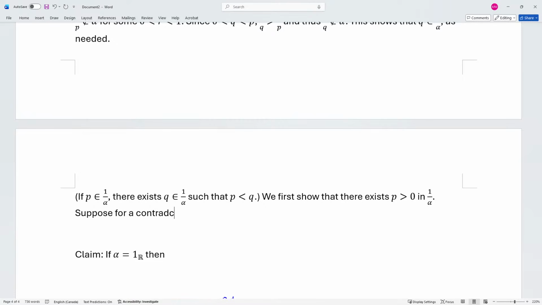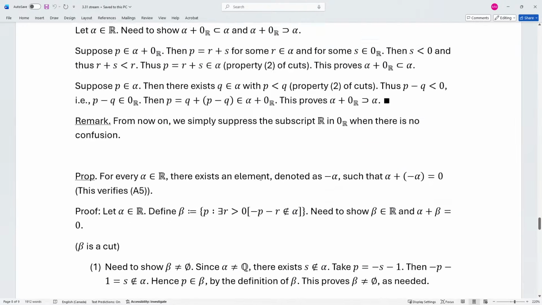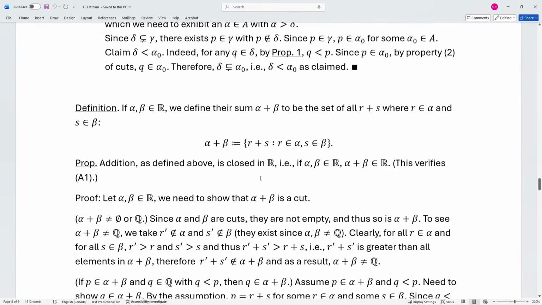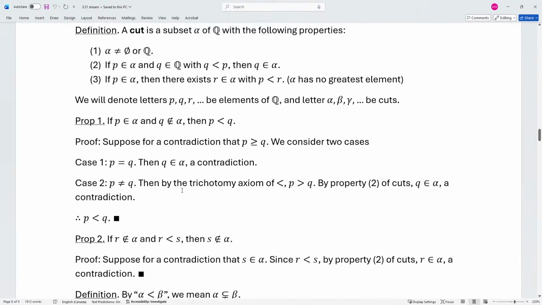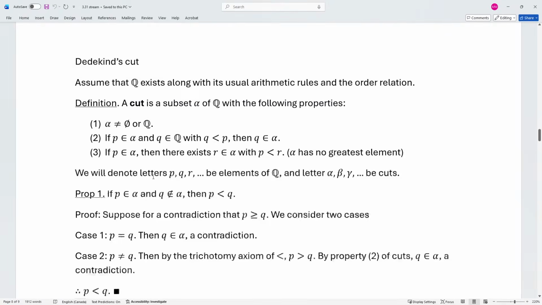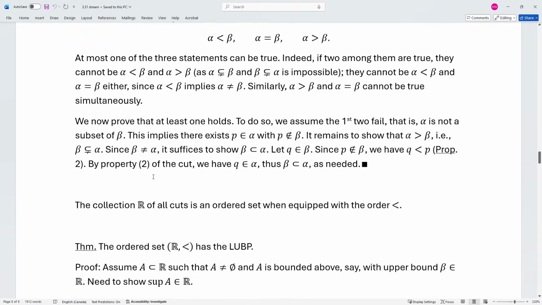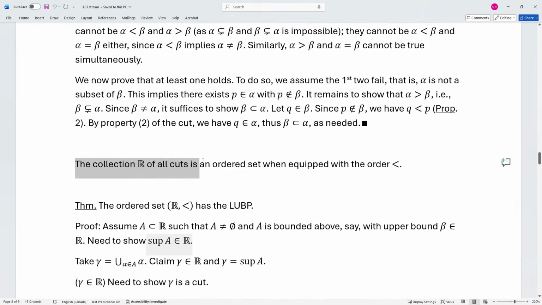If the set of real numbers isn't defined, why do we have R plus? By that, the set R denotes the set of all cuts. This is a prototype for the set of real numbers. We haven't advertised that this is the set of real numbers yet.